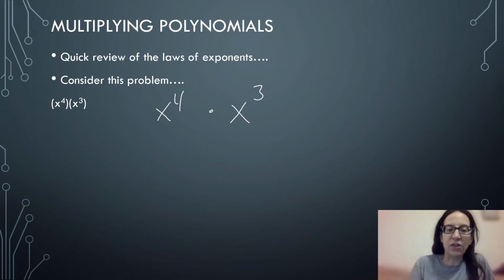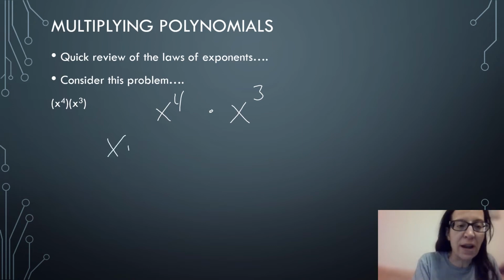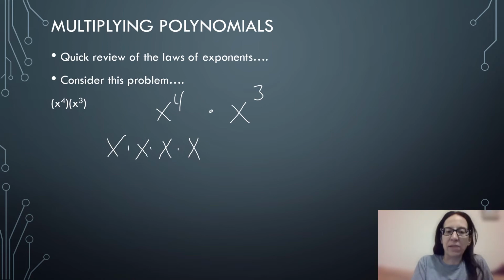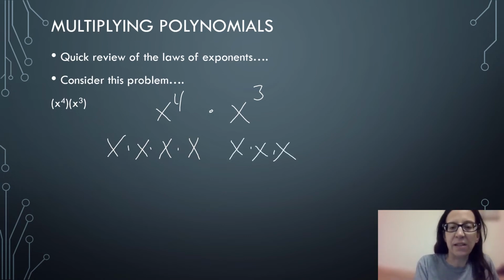So if you have x to the 4th, that is shorthand for x times x times x times x. If you have x to the 3rd, that is shorthand for x times x times x. Now, what's the operation? Here's the x to the 4th, here's the x to the 3rd.